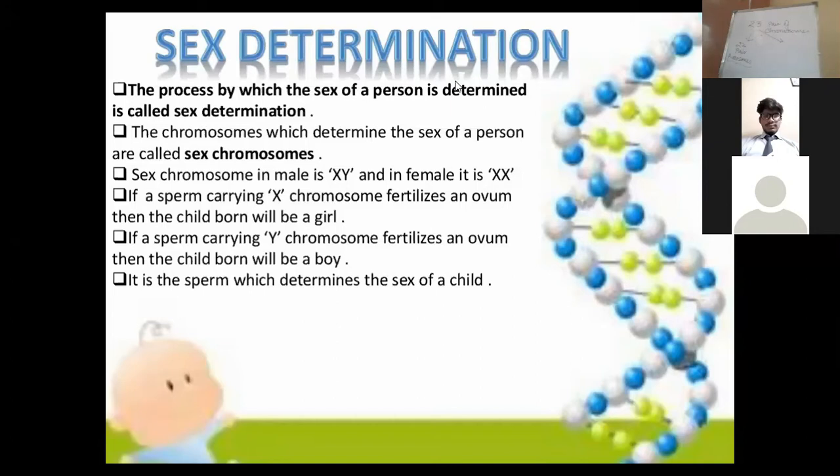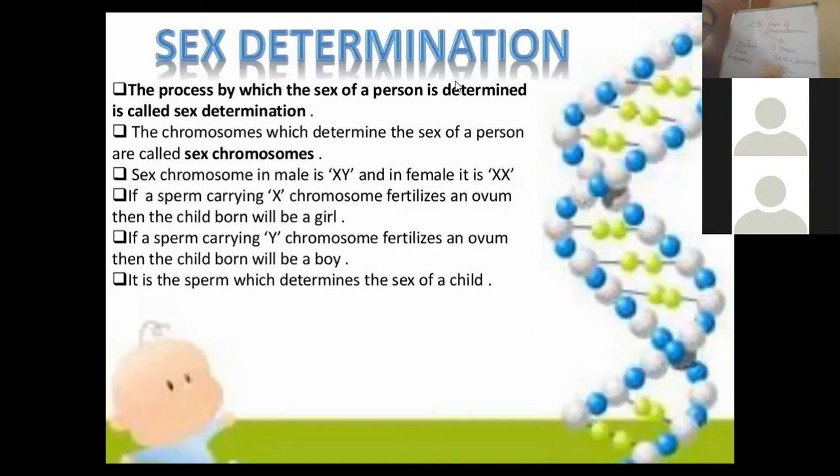The 22 pairs which are similar in both men and women are known as autosomes, and the one pair which determines the sex of the child is called the sex chromosome, and it is different in male and in female.